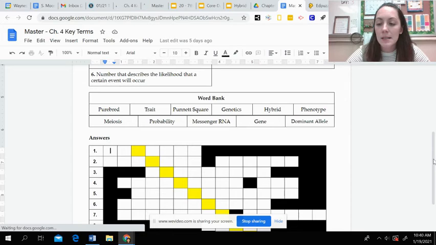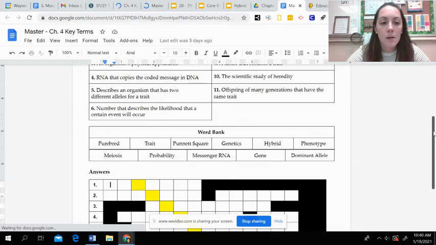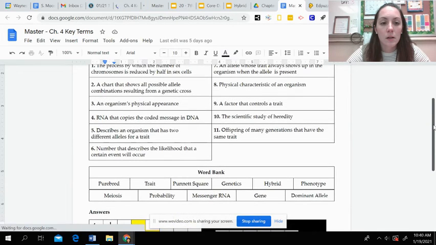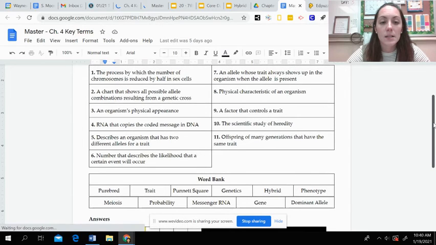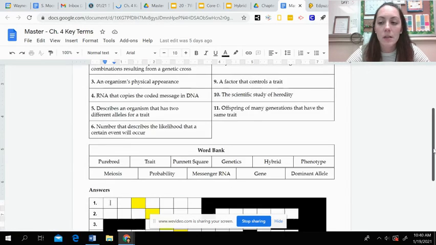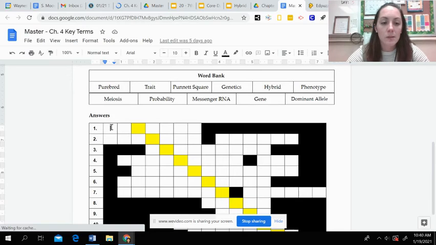As an example, clue 1 is the process by which the number of chromosomes is reduced by half in the sex cells in our organisms. So clue 1 is going to be meiosis.